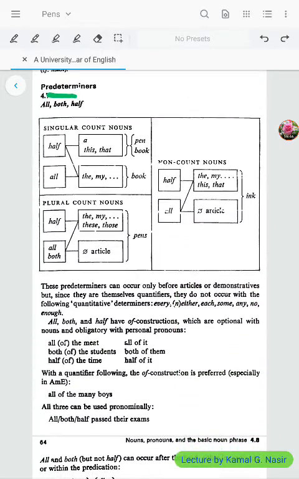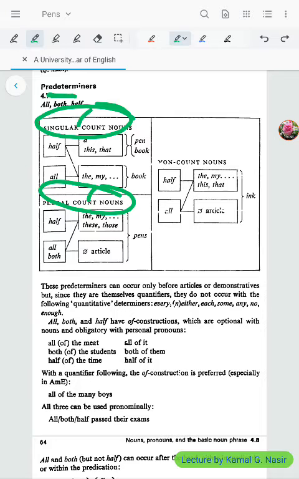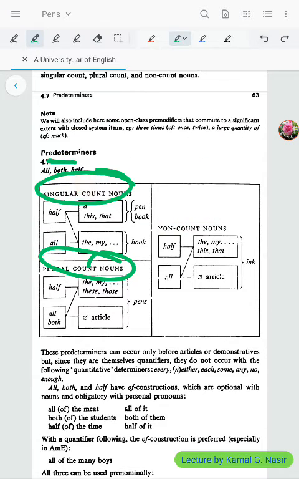Where is the place of the predeterminer? Look well. For example, half. Now we have nouns: singular countable noun, plural countable noun like bottles, and here bottle, and here furniture. How do we deal with this word when it comes with the determiner? Look well, this is a, and this and that. We call these determiners.